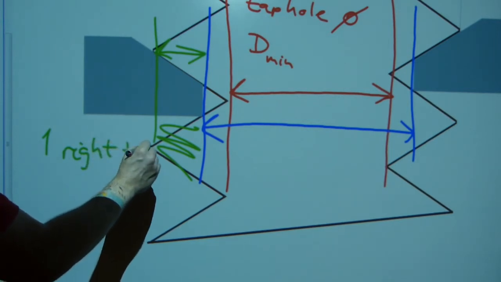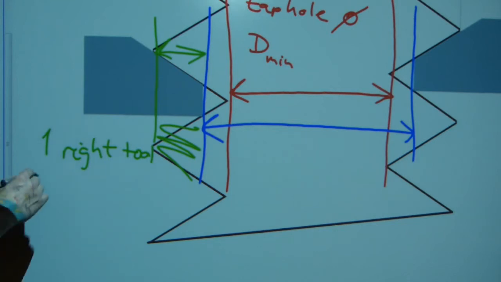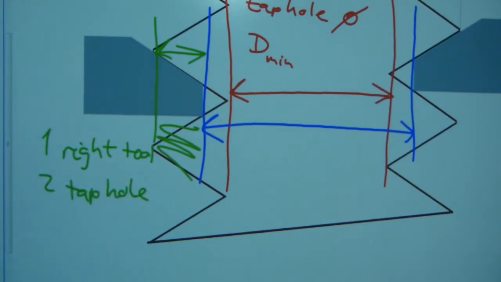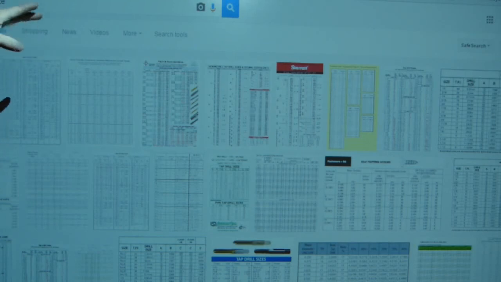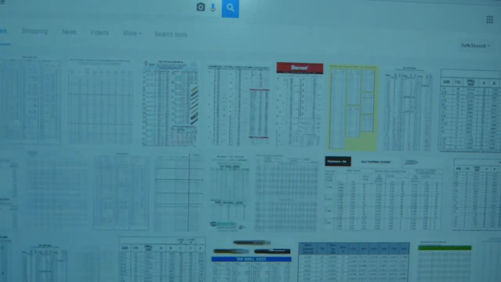Because threads are standardized, you can look up the tap hole sizes in charts and tables, such as these, what I typed in here. That was the pipe schedule. This one, tap hole sizes over here, and these are charts on tap hole sizes. There are different tap hole size charts for drilling into brass and bronze and copper alloys, or steels of all kinds.